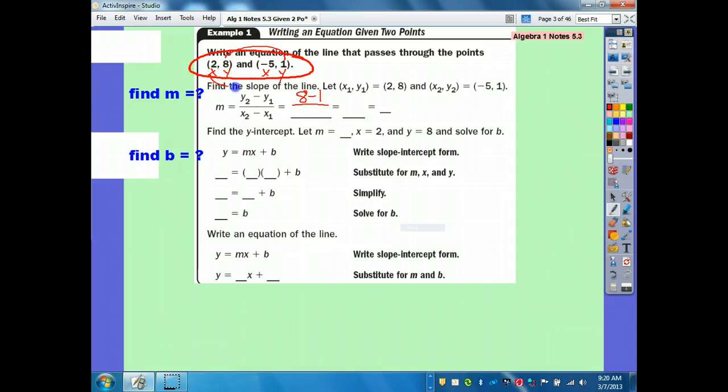My x is 2 minus, right, 2 minus a negative 5. So now simplify. 8 minus 1 is 7 over, this turns into a plus 5, because a negative and a negative, so 2 plus 5 is 7. Simplify that slope, we get 7 over 7, or 1. So that equals m. So my m is 1.